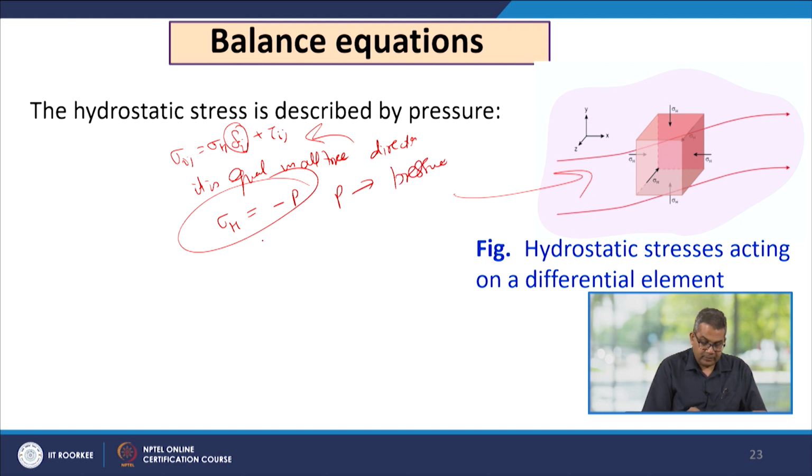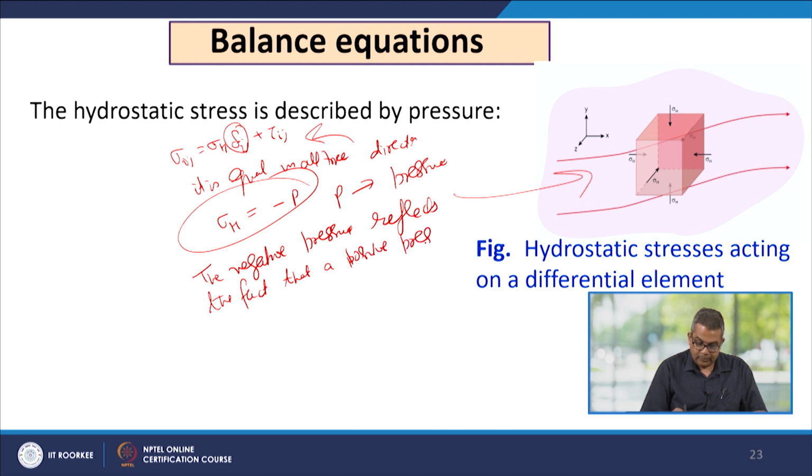The negative sign reflects the fact that a positive pressure causes a compressive stress. So, the total stress can be written as sigma ij is equal to minus p delta ij plus tau ij.